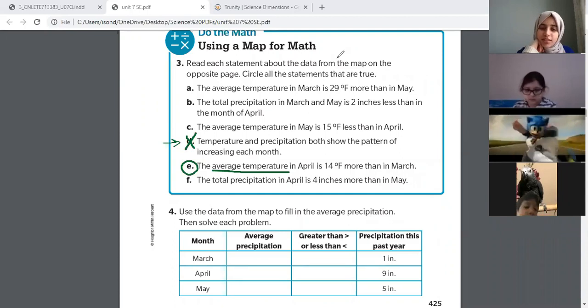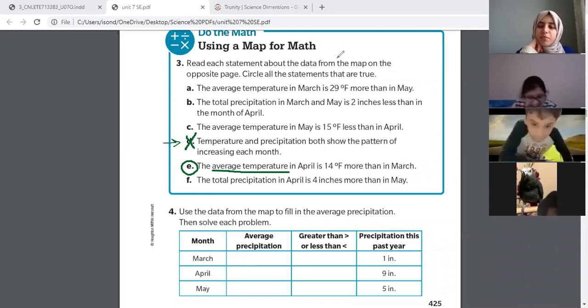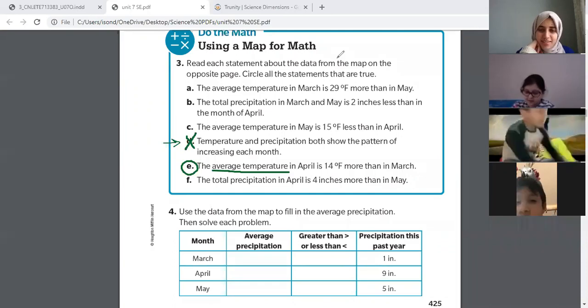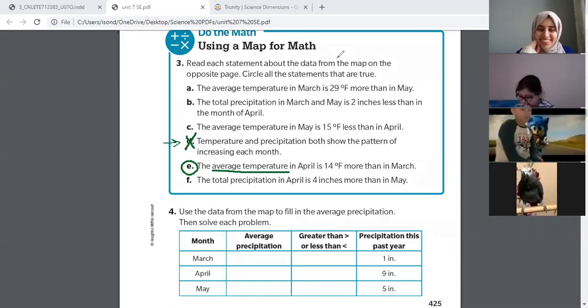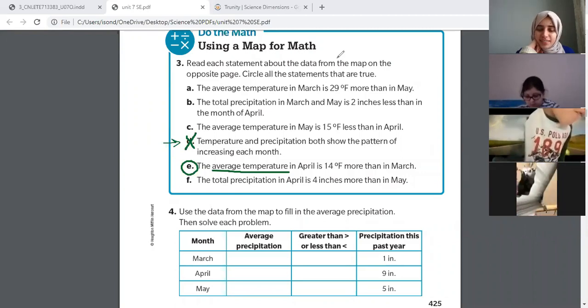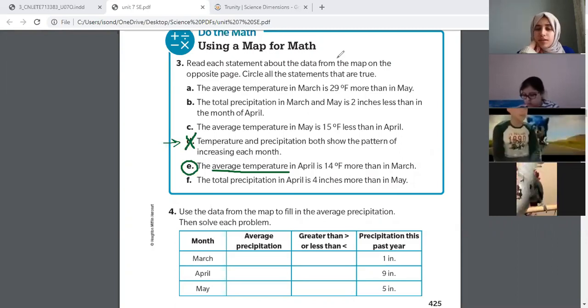Yamin, repeat it, please. Precipitation. Excellent. Precipitation. Continue, please. April. In April is 14 inches more than in May.